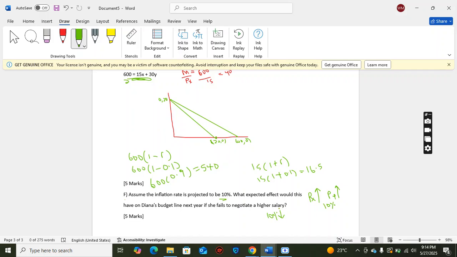Then milk, a 10% increment: 30 times 1.1 is 33 kwacha.